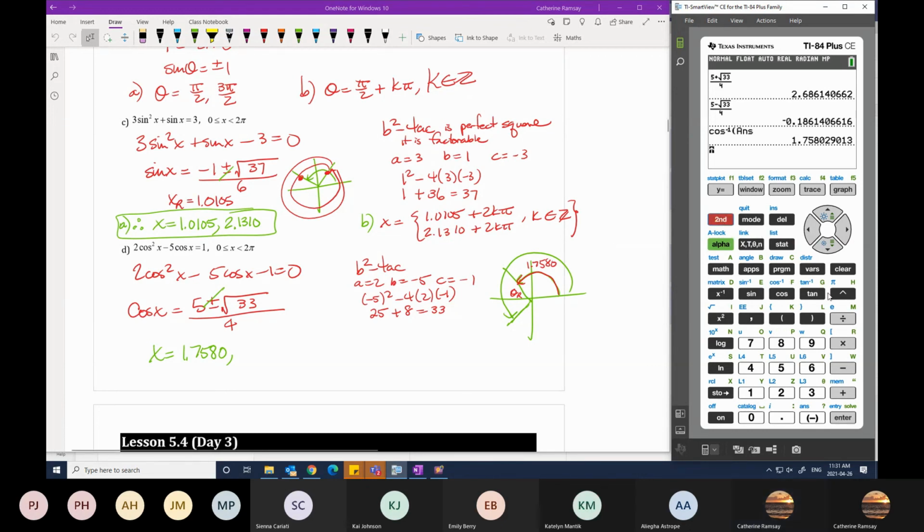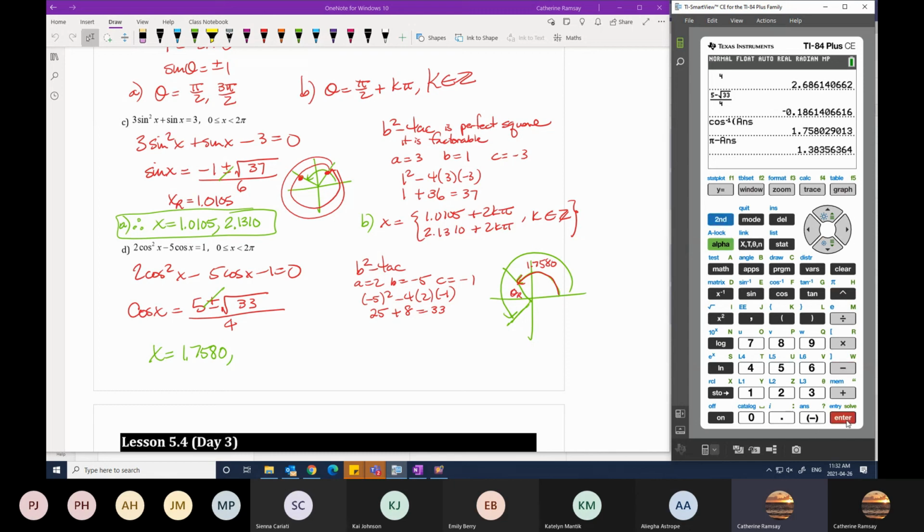So if I go pi and subtract my previous answer, I get 1.38 blah, blah, blah. So that means my reference angle is 1.3835.